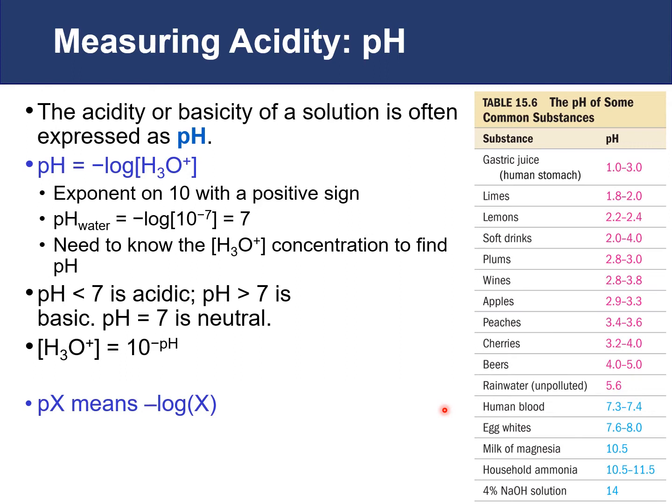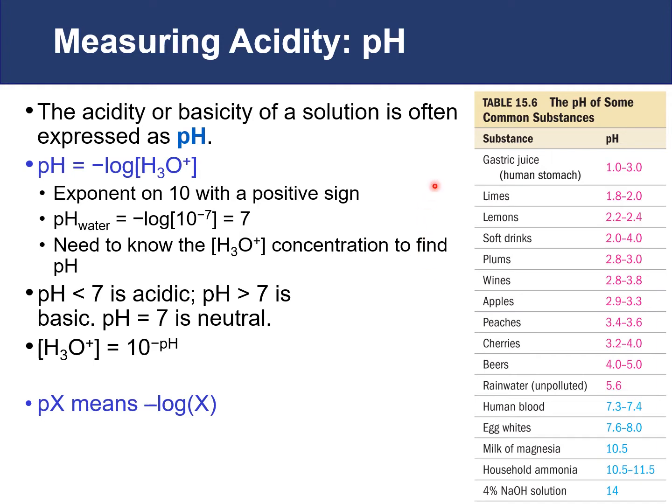What that means is the hydronium ion has a concentration of 10 to the negative 7.3 to 10 to the negative 7.4. For wines, which have a slightly sour taste to them, and if you remember, acidity has a little bit of a sour taste, wines have a pH of 2.8 to 3.8. So the concentration of the hydronium ions would be 10 to the negative 2.8 to 10 to the negative 3.8.